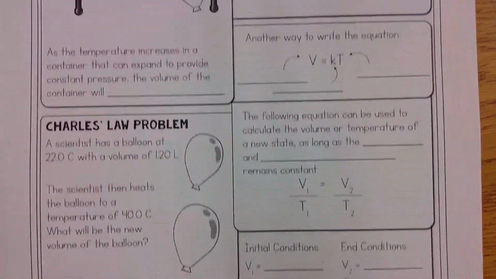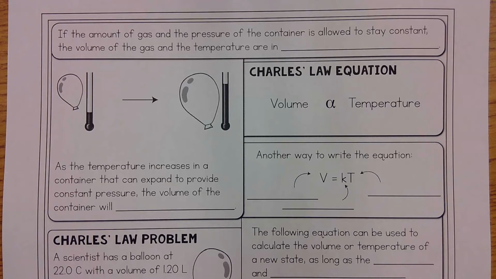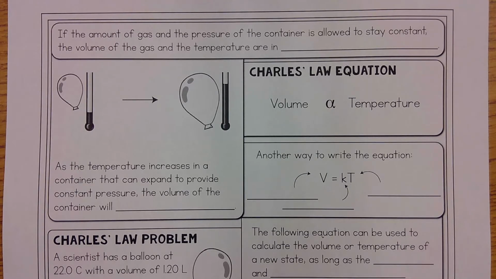The last law is Charles's law, and it relates volume and temperature. So we got volume and pressure with the first one. We got pressure and temperature with the second one. And now we have volume and temperature.